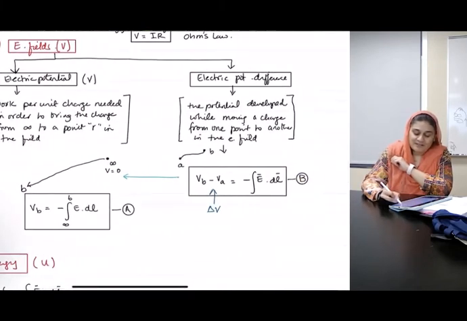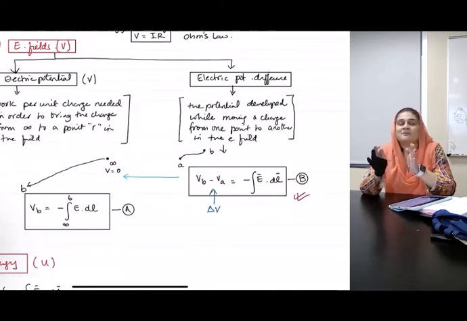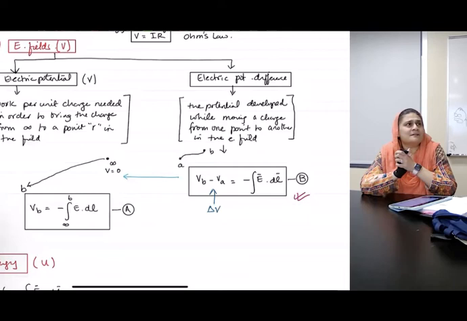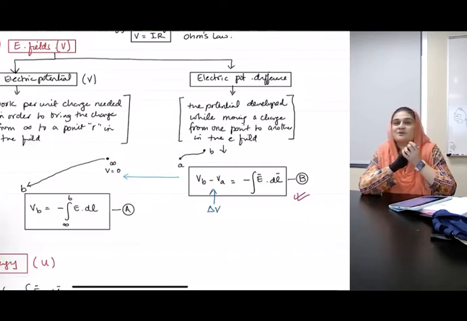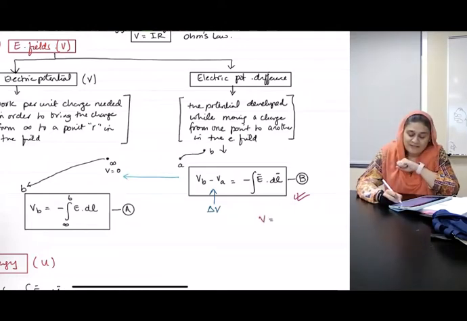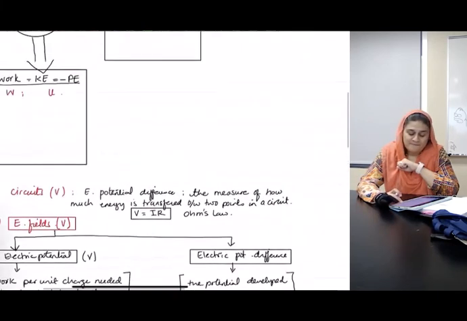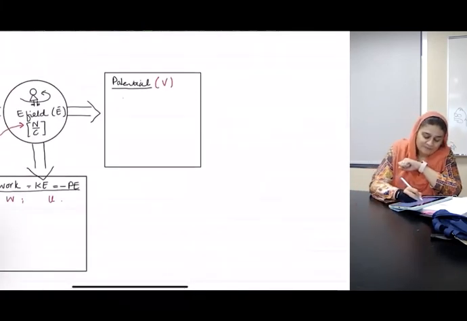The fancy equation is equation number B. But you know how I remember it? I call it the ED equation. I don't remember where I read that, but I think in one of the textbooks, they used to call it the ED equation. How is it the ED equation? V equals ED. That simplifies to this. Okay, so this is what I want you to put here.